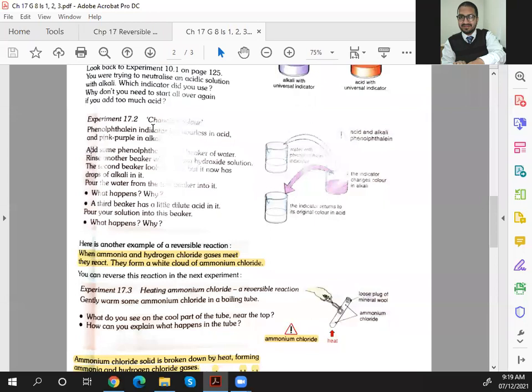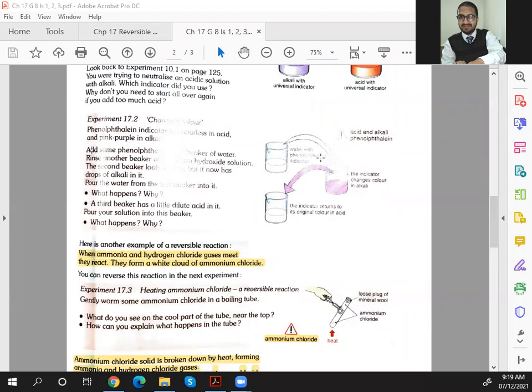Pour your solution into the beaker. What happens? Why? Okay, look here. Now come back to your diagram. You can easily see in this diagram this one beaker, the second, and the third. What you did first: add some phenolphthalein in a beaker of water, a few drops. Then rinse another beaker with hydroxide. This is the solution of sodium hydroxide that you rinse.